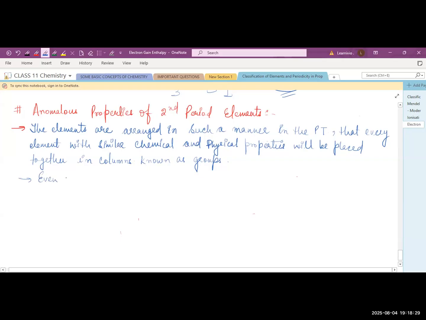Even though the properties follow a proper trend, and then you can write order also of either increase or decrease.